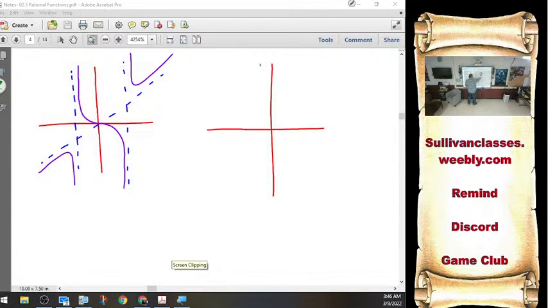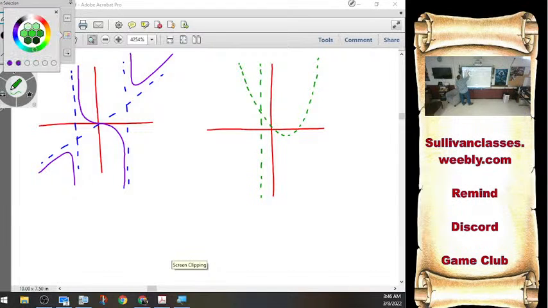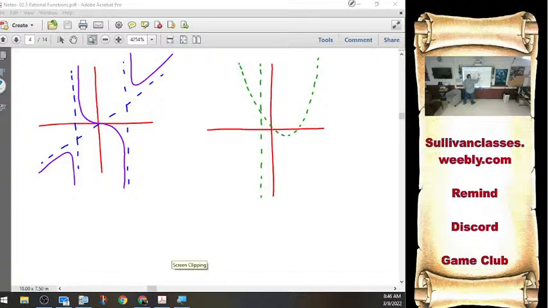Versus you could have ones like this. That ain't in PreCalc, that's further on. But it is not unheard of to have this as your graph. It gets funky. Real funky.